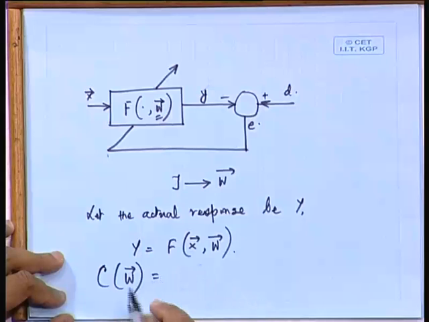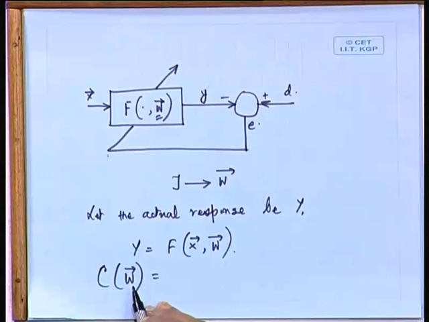So we define a cost function C, which is expressed as a function of the weight matrix only.